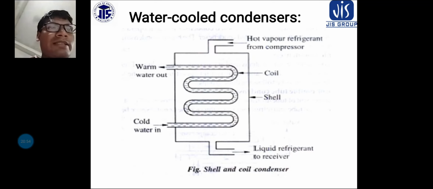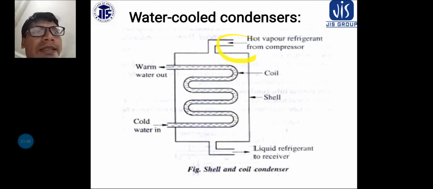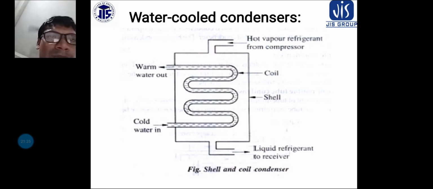In the figure you can see the hot vapor refrigerant from the compressor entering into the upper portion and into the system, and the cold water, you can see this is your tube bundle, the cold water is entering into this curved tube or coil, and it is the warm water which is taking the entire heat and coming out.